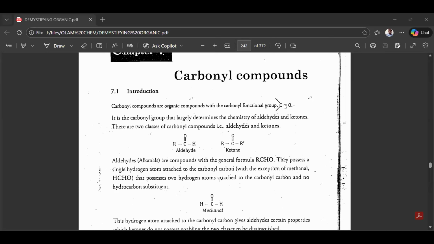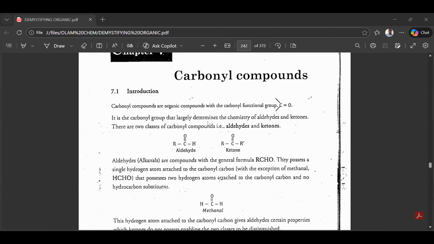Whichever carbonyl compound you find will have such a group, and the reason you call it a carbonyl compound is just because of that functional group. That should be in your mind, that carbonyl groups look like this. It's a carbon with the oxygen attached. It is only one oxygen atom attached to a carbon atom.